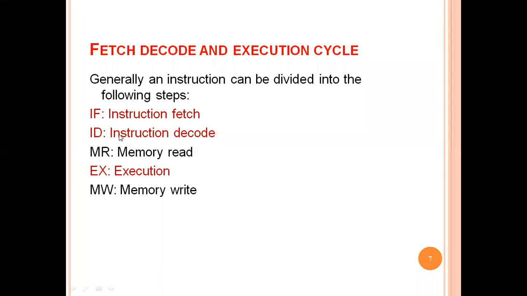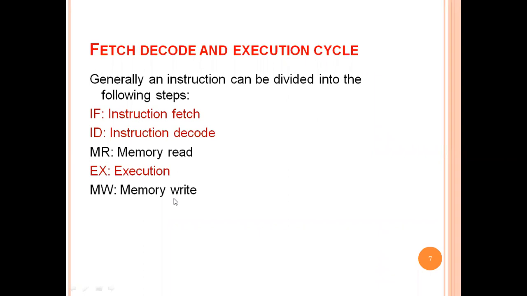Now here in the 5 parts, I have marked 3 parts: IF, ID, EX. The reason is that these 3 parts are the ones that mainly occur in an instruction. In some instructions, there may be memory read or memory write, or in some instructions there may be no memory read or no memory write.